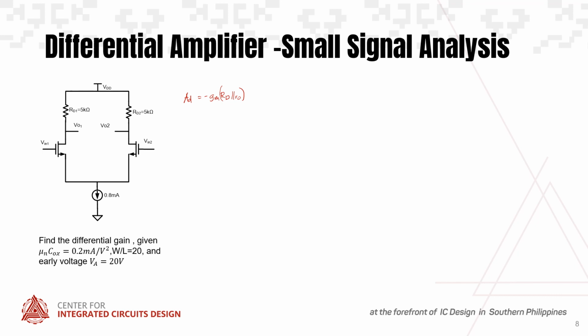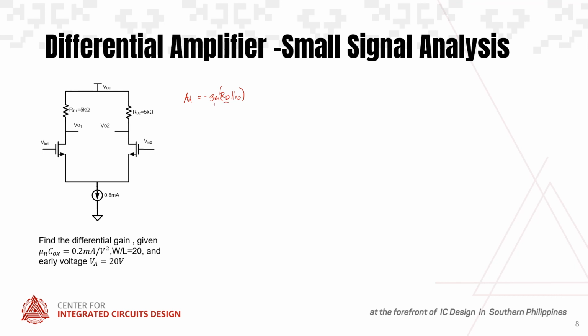Since we are given an early voltage of 20 volts, we can also get the output impedance RO. So with that, RO1 equal to RO2 is equal to RO can be calculated. Since we have negative GM, we must find the GM.